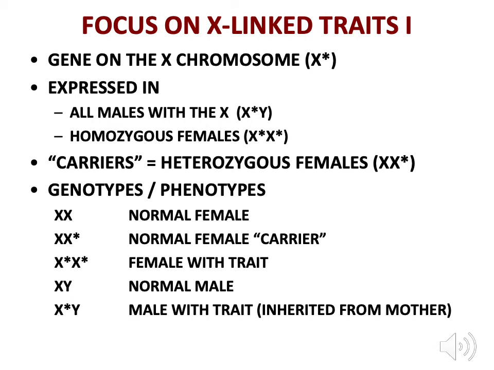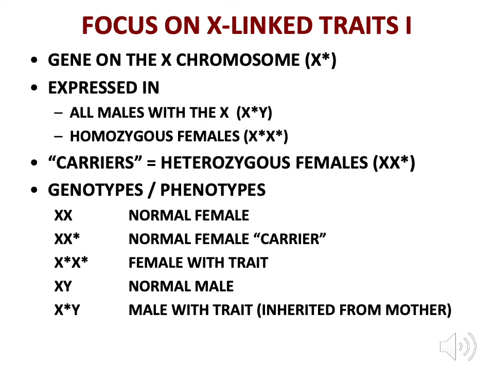On the other hand, if you're a female and you inherit that asterisk allele on both of your X's, then you will express the gene as well. Bottom line, an X-linked trait will be expressed in males if they inherit it on their X chromosome, and will only be expressed in homozygous females if they inherit it on both of their X's.